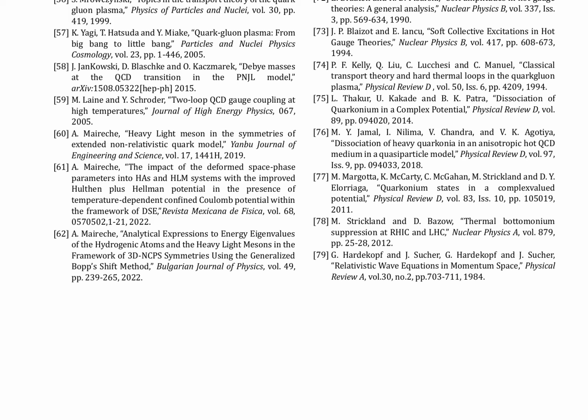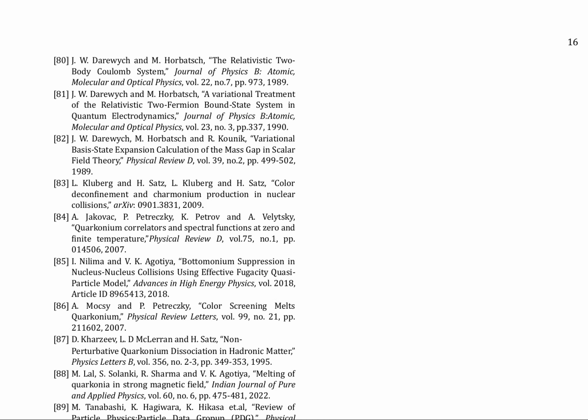The paper also reviews studies on quarkonium dissociation in hot QCD medium, including those using quasi-particle models, complex potential models, and lattice QCD simulations. The authors have cited references on the dissociation of heavy quarkonia in anisotropic hot QCD medium, as well as the effects of magnetic fields on quarkonium dissociation.